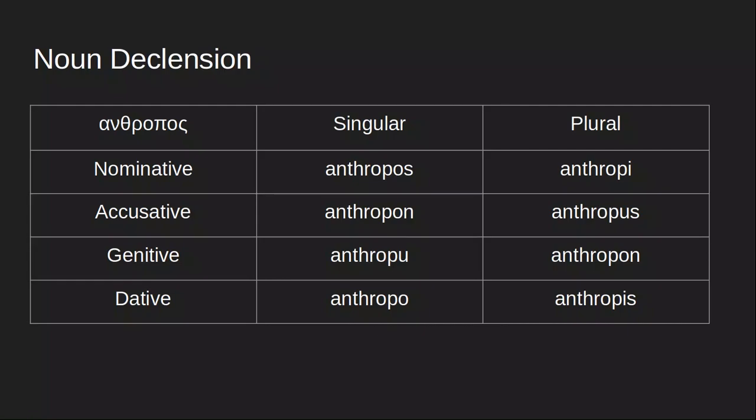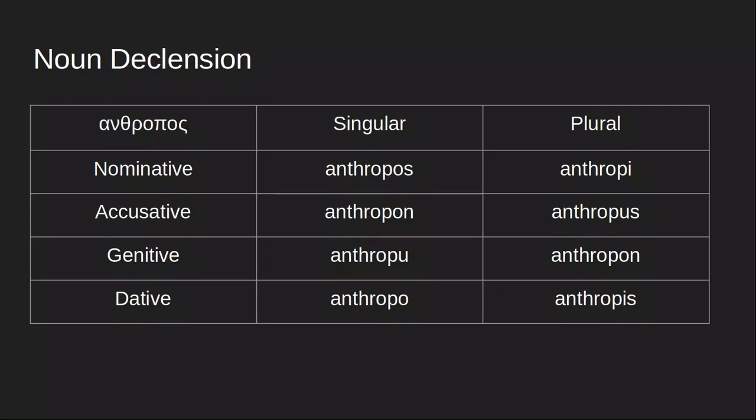Old Indo-European languages actually had the dual, which is for just 2 things. However, most of them lost that. The accusative, anthropon, plural anthropous, genitive anthropou, plural anthropon, dative anthropo, and plural anthropis.